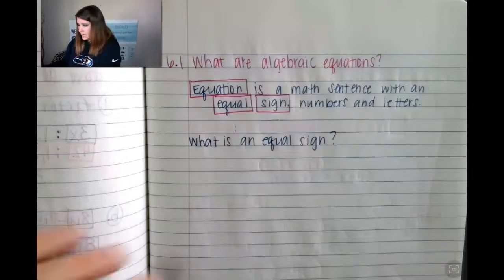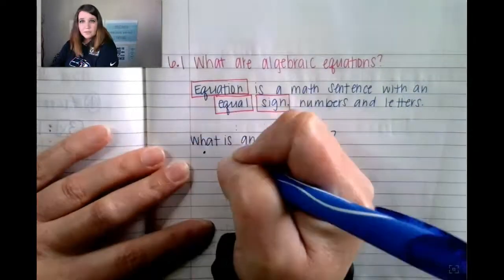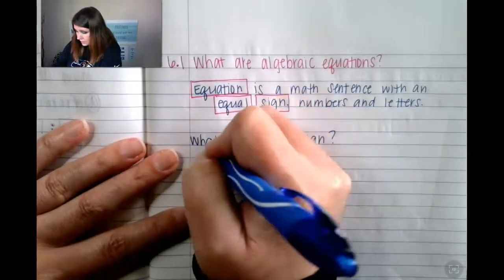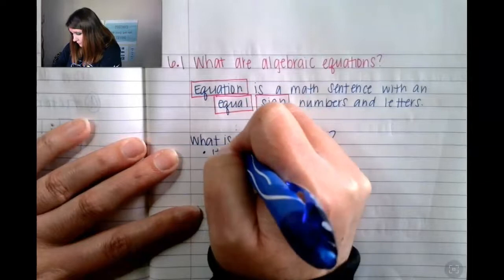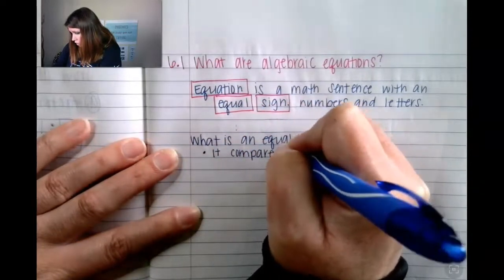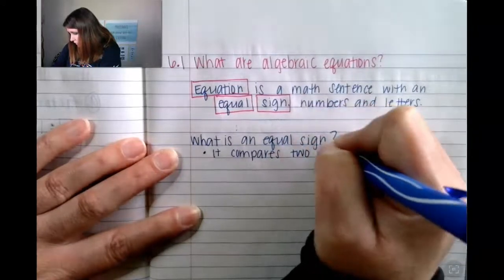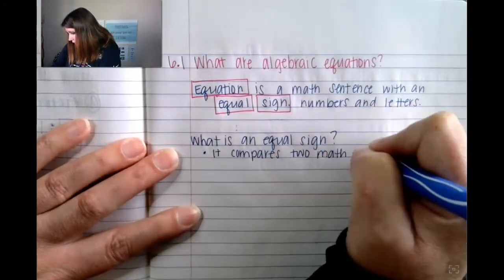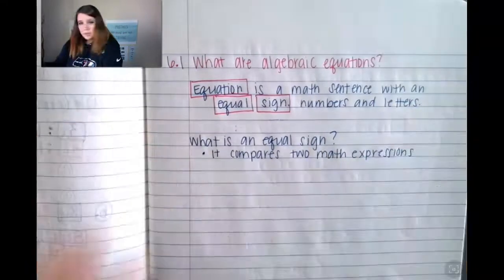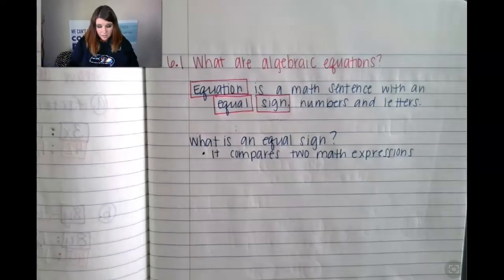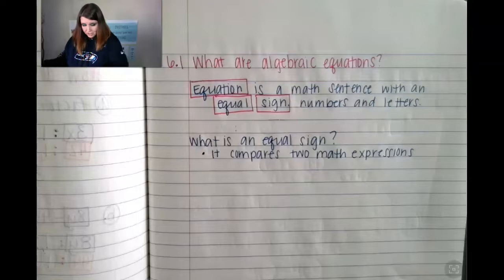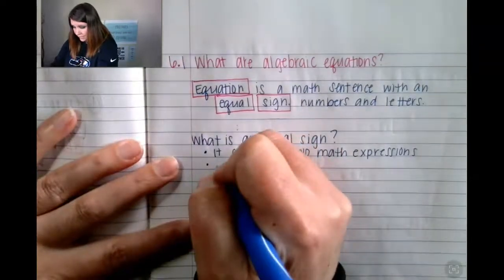So an equal sign is lots of different things. It compares two math expressions. That's what it does. It also tells you that you need an answer, it tells you to find an answer.